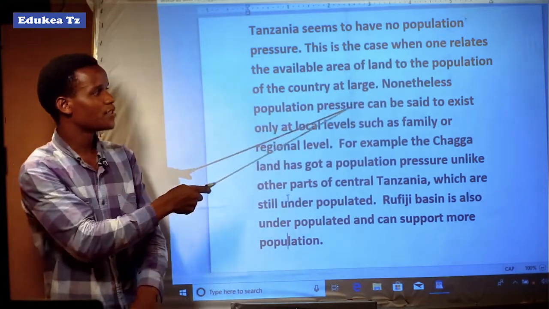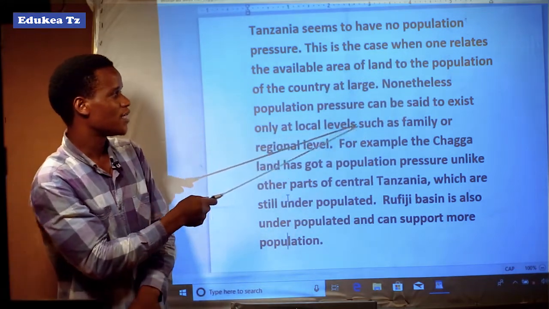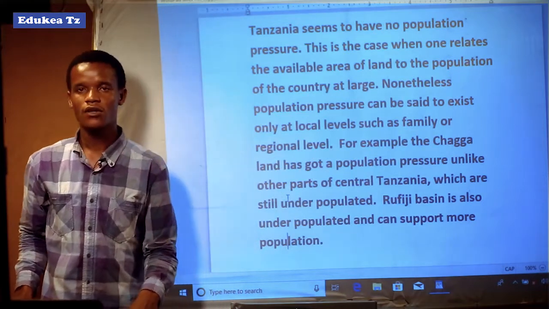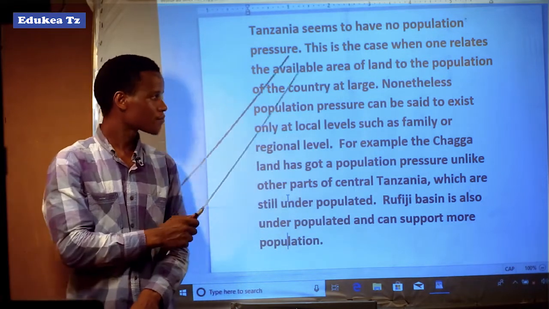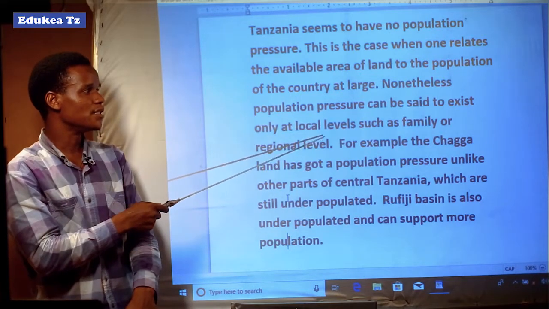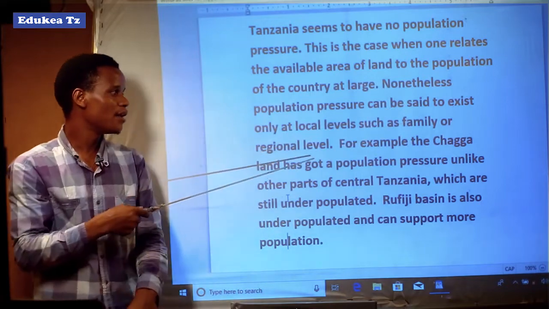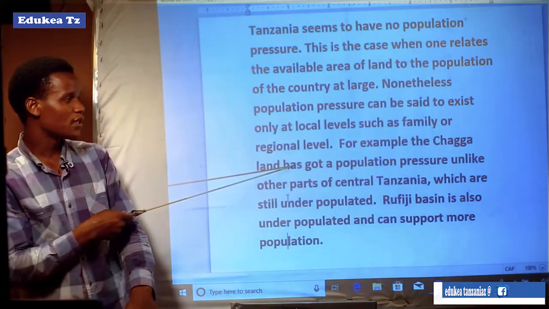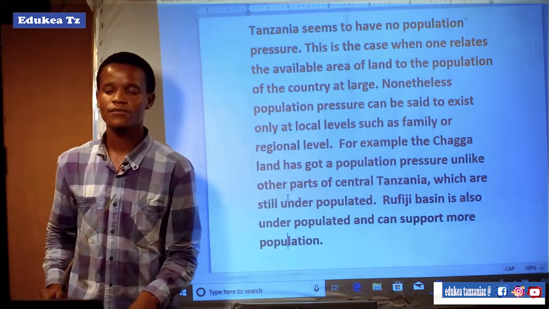Nonetheless, population pressure can be said to exist only at the local level, such as family or regional level. So, as we see here, population pressure tends to exist at the level of family and the level of region. For example, Chagaland has a population pressure unlike other parts of central Tanzania.